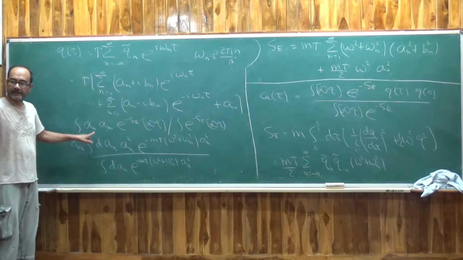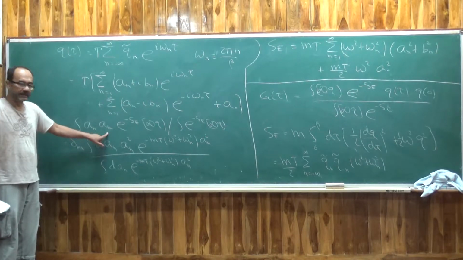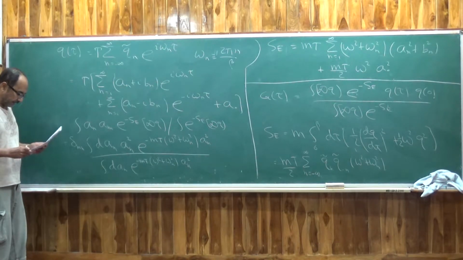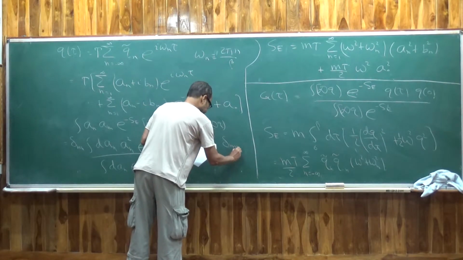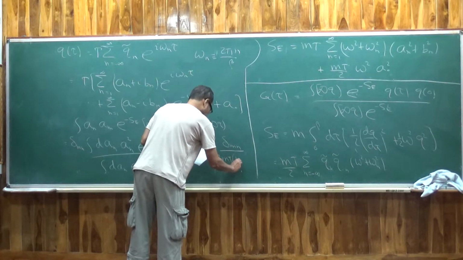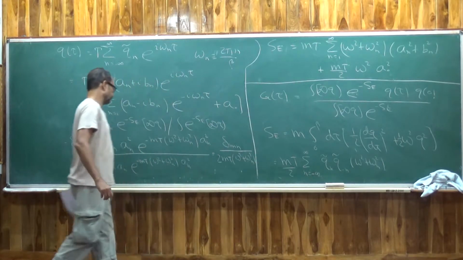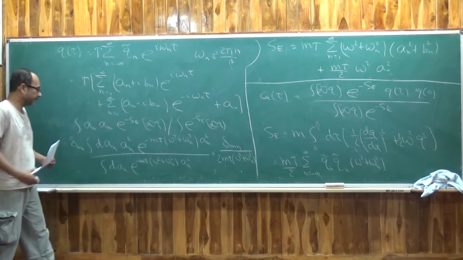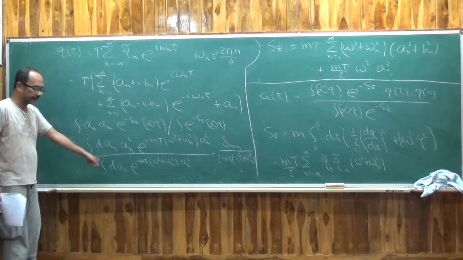Is this clear? All the other factors will cancel between numerator and denominator. Only the an integral in this dq will survive. And this gives you delta mn over 2 mt omega square plus omega n square. You can get it by differentiating with respect to this parameter m. This is an elementary integral.